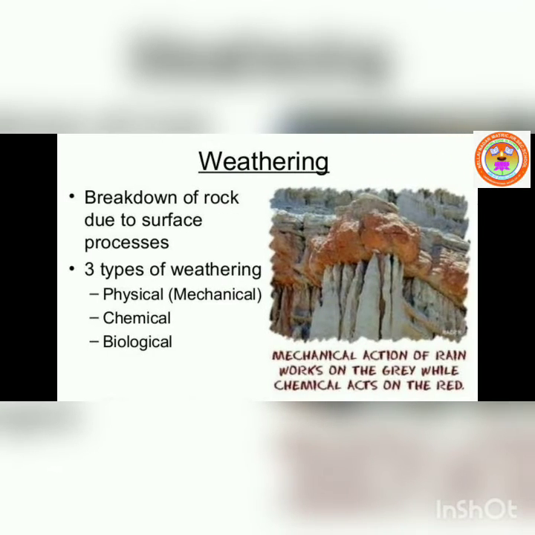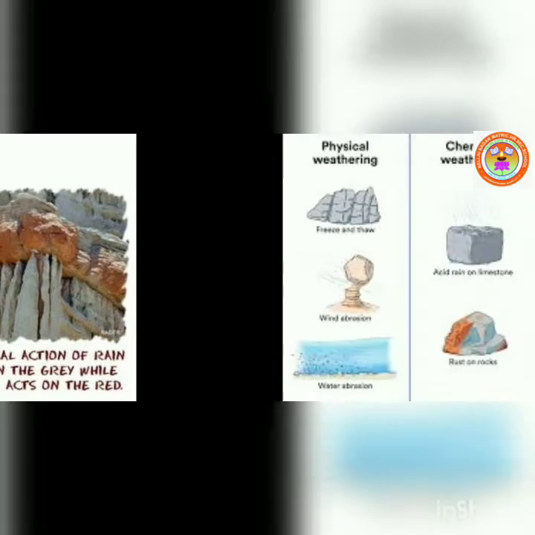About weathering. Weathering is the breaking, disintegration and decomposition of materials of the Earth's crust by their exposure to the atmosphere. There are three types of weathering: physical, chemical, biological.